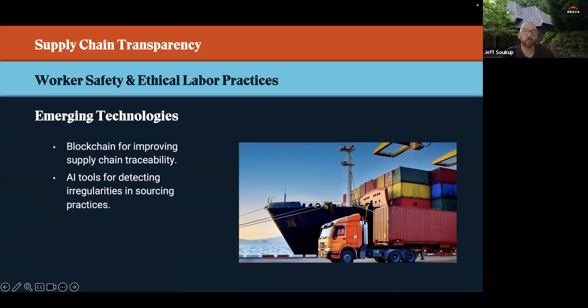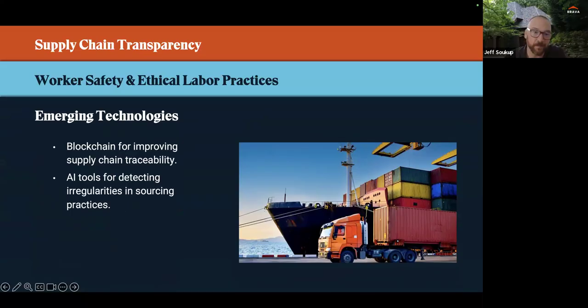Emerging technologies. So blockchain is becoming a big player. The fishing industry, or seafood industry, uses a lot of blockchain. This helps us confidently trace and make sure that there's no funny business or shenanigans down the line where we're getting material from a different source.